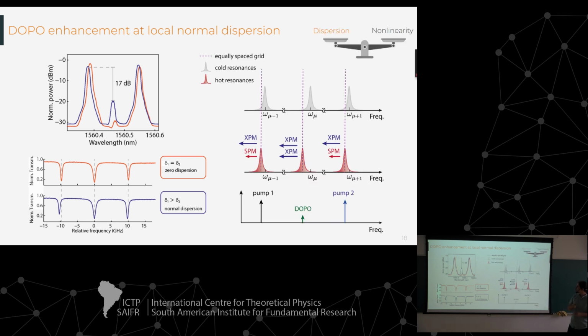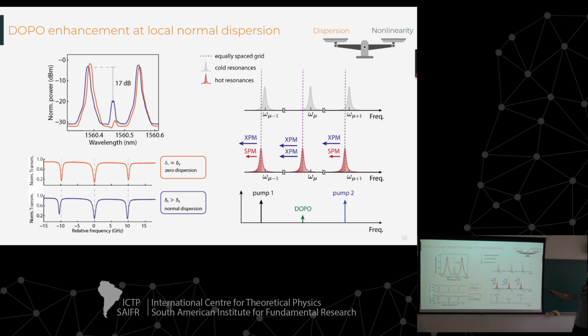And this is because, as we started discussing, the balance of nonlinearity and dispersion involves self-phase modulation and cross-phase modulation effects. In this case, the effect of cross-phase modulation is bigger than the self-phase modulation. The two pump modes experience cross-phase modulation due to the other pump, and self-phase modulation due to themselves.